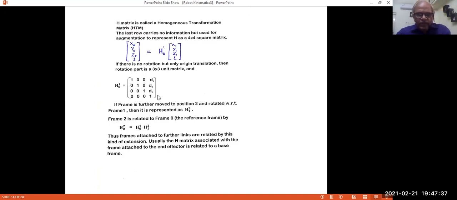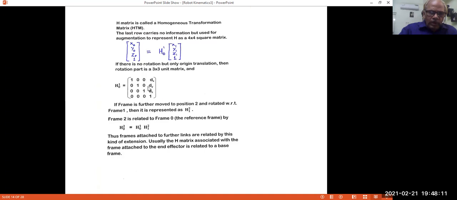So we need to relate each frame to the previous frame by a single matrix. That is the effort we are going through now. Homogeneous transformation matrix is one such. Now, coming back to a homogeneous transformation matrix giving only translation and no rotation, then we have this kind of unit matrix in the place of rotation, and the displacement is given by this.